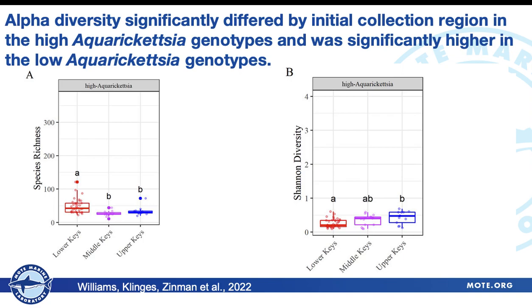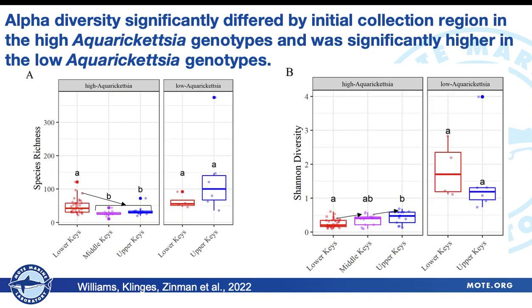For both metrics, we found significant differences by initial collection region, specifically between the lower Keys and the upper Keys. And for Shannon diversity, we found that the middle Keys had no significance with either region. So we're seeing the same kind of thing that we saw with beta diversity, where we have that clear transition from the lower Keys to the middle Keys to the upper Keys.